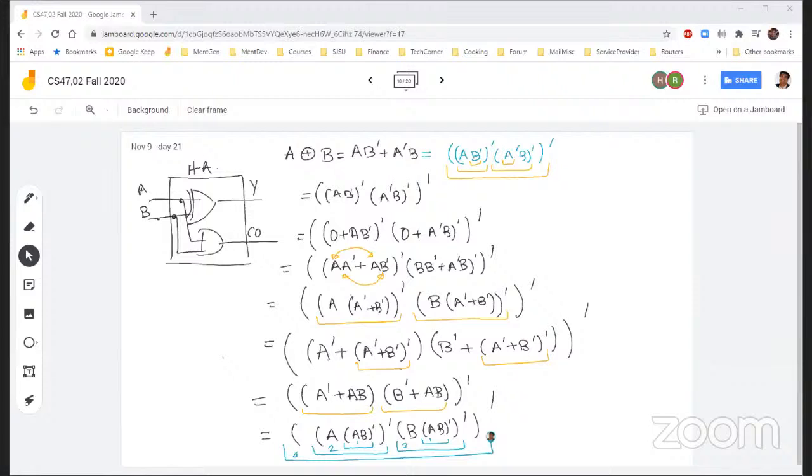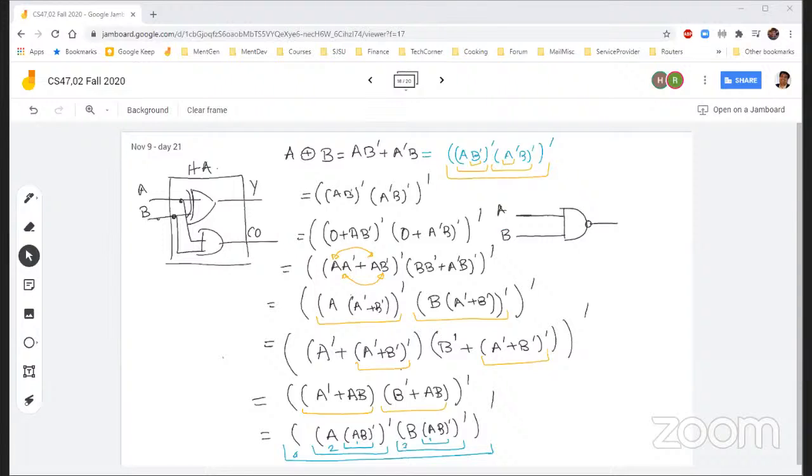So from the logical schematic point of view, it will look like this. I have a NAND of A, B, and then this is AB bar, AB whole bar.